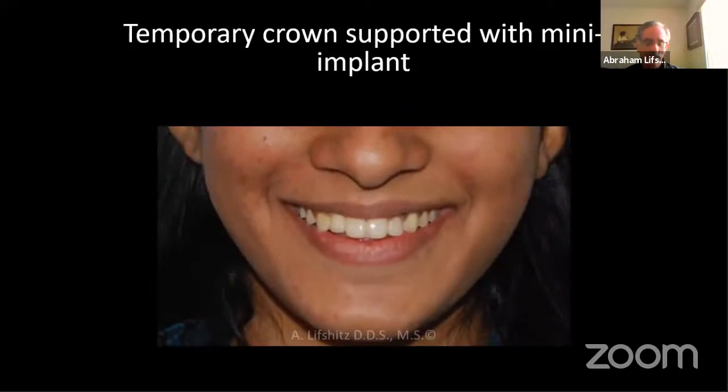What is the issue? The idea of placing an implant is a good one. The issue when you're placing this kind of mini implant on the alveolar ridge is that since the mini implant is very, very narrow, 1.8 or 1.7 millimeters in diameter, it has a higher tendency to break. I have placed 3 of them.